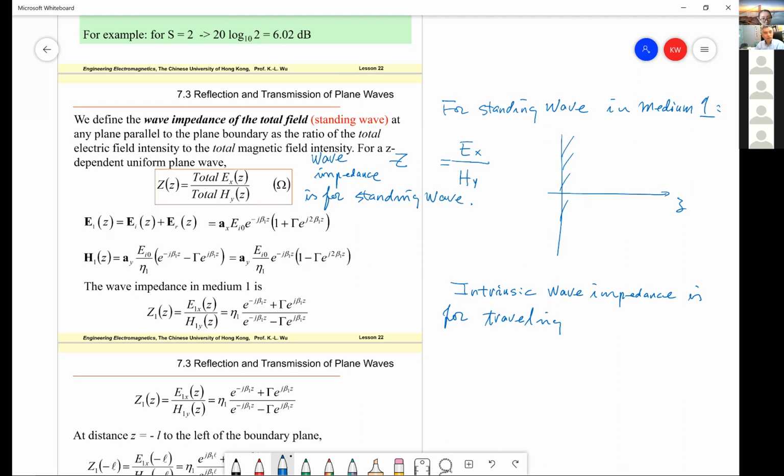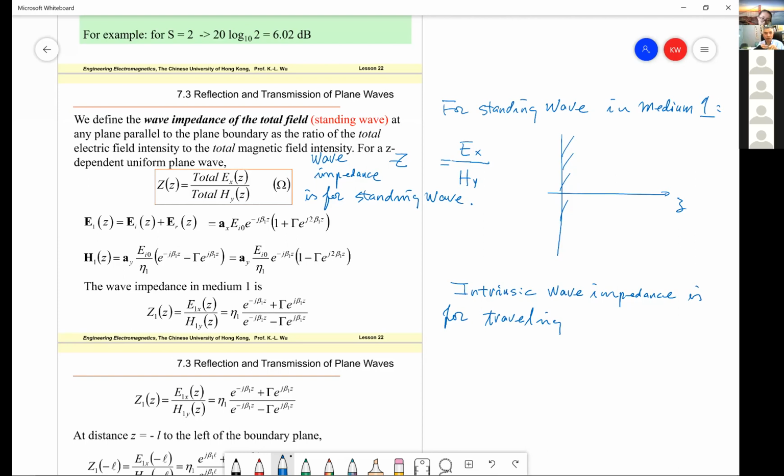We know the difference between a traveling wave and a standing wave. A traveling wave only has one exponential term. That means the wave propagates in the positive z direction or in the minus z direction or in any direction. But a standing wave is different. You have an incident wave and a reflected wave. You add them together, so this wave we call the total field, right?